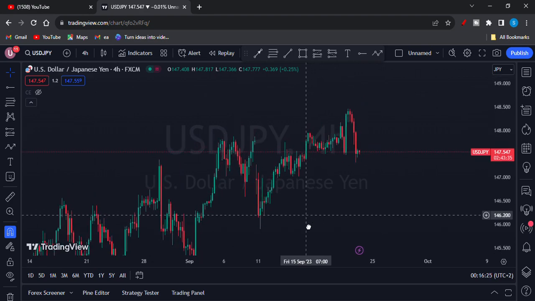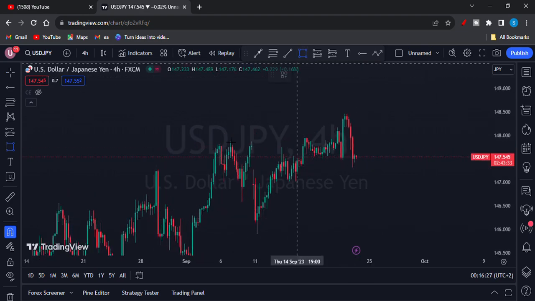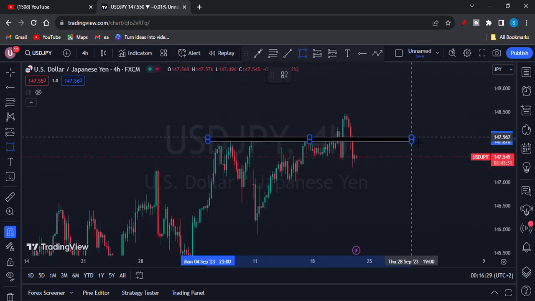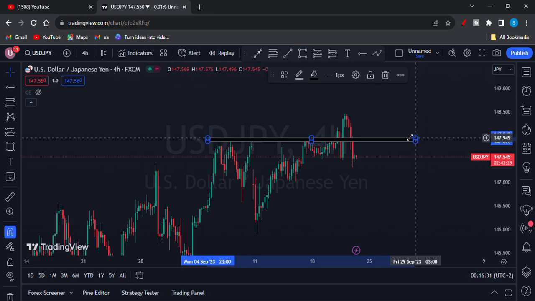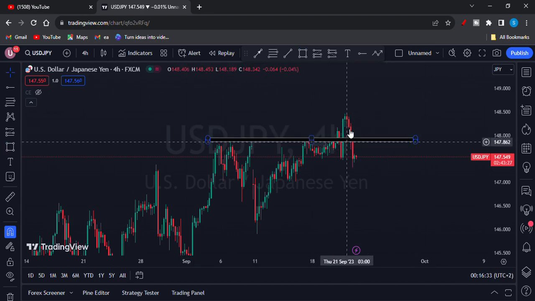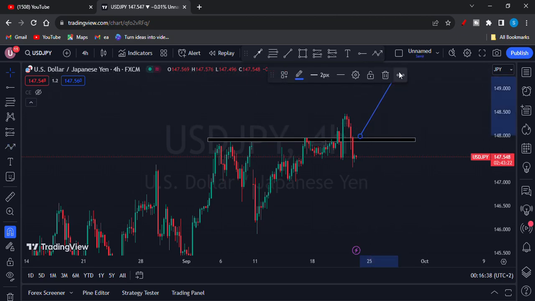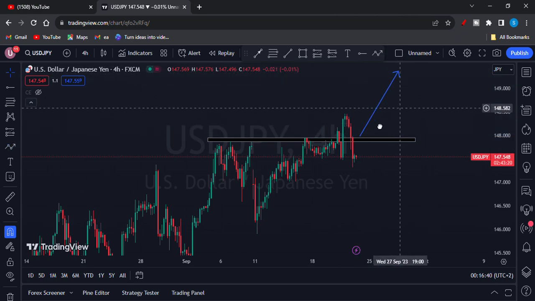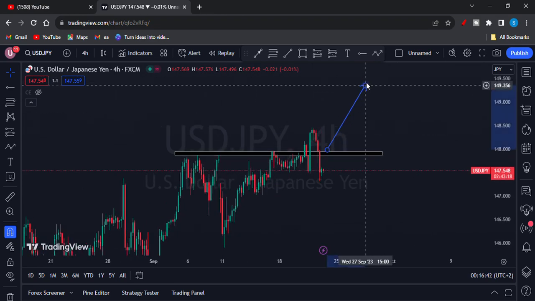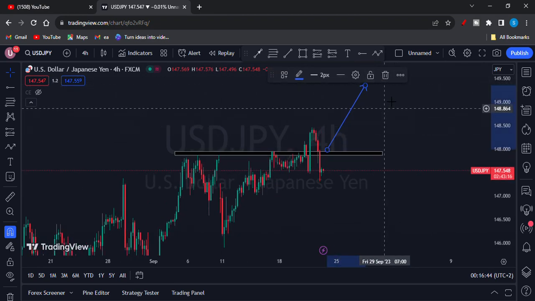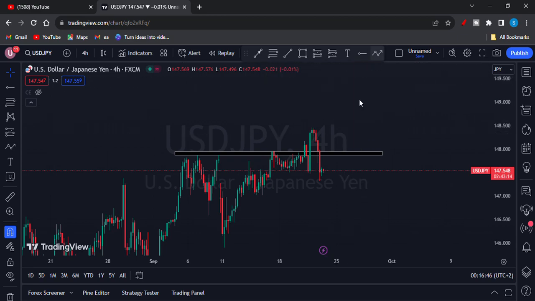So on a 4 hour, last time we had this support area, and I was so confident that the market was going to push to the upside, but the market decided to be the market and do what's best, and then it went all the way downside.